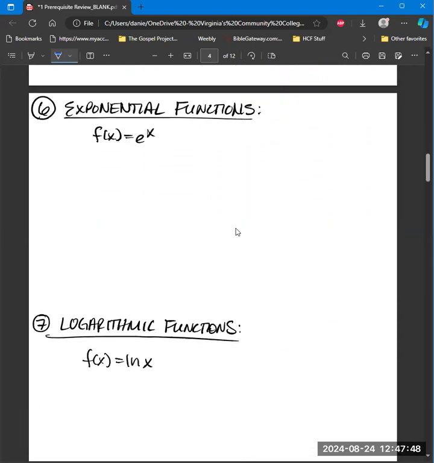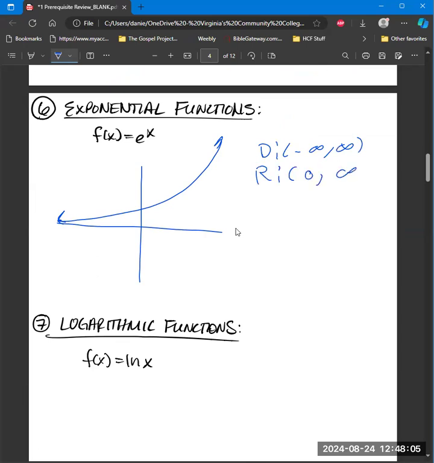Right? Another type of function we're going to talk about is going to be the exponential function. It's a rising curve like this. For f of x equals e to the x, my domain is going to be negative infinity to infinity. My range is going to be 0 to infinity. Watch out that I can have negative exponents.